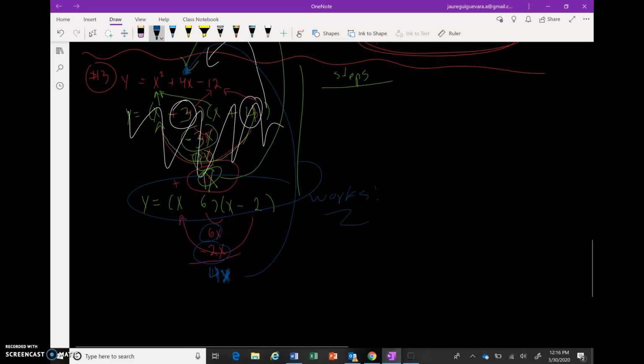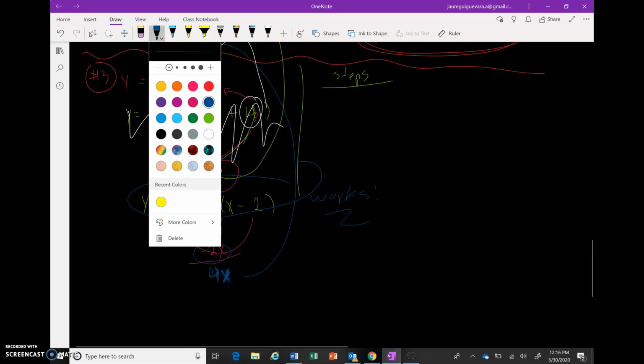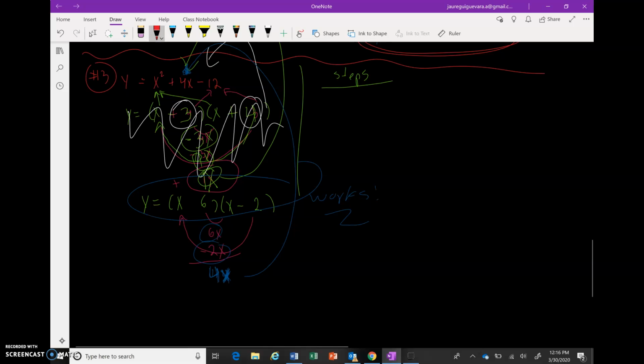Because of that, I made my equation that was in standard form. My standard form was y equals x squared plus 4x minus 12, and I turned it into factored form.